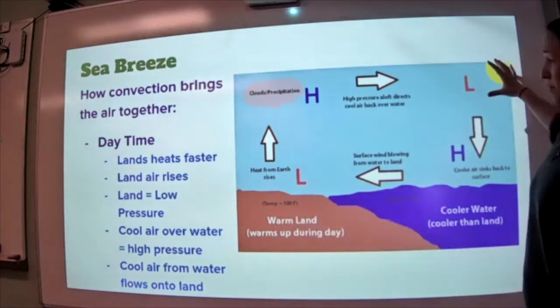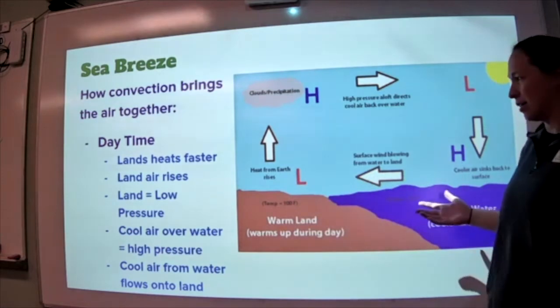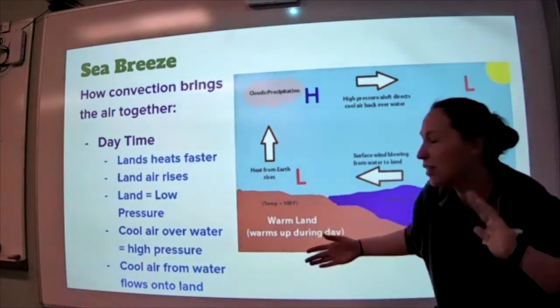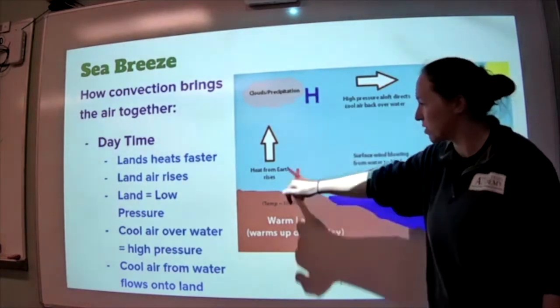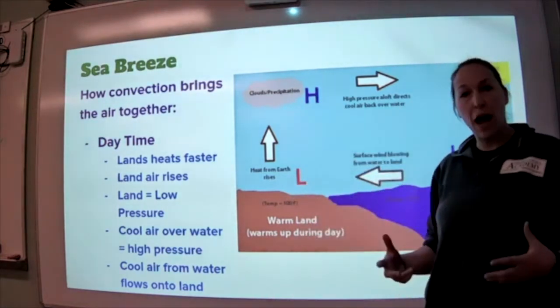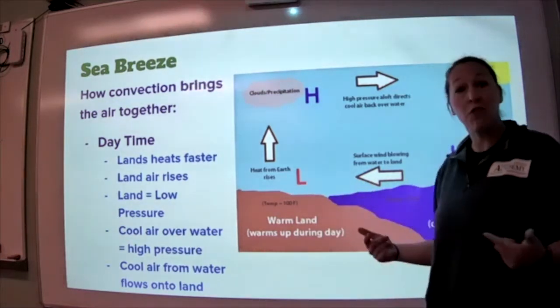So when the sun comes out, the land starts getting pretty darn warm compared to the water. And what do hot things do? Hot things rise. And this is what creates our low pressure system. So typically what happens on coastal areas is in the afternoon, you tend to get thunderstorms.